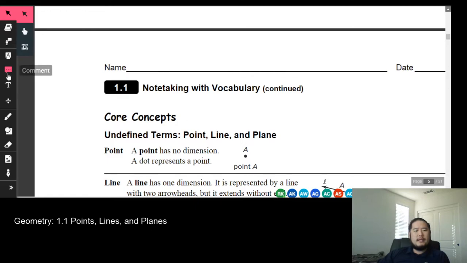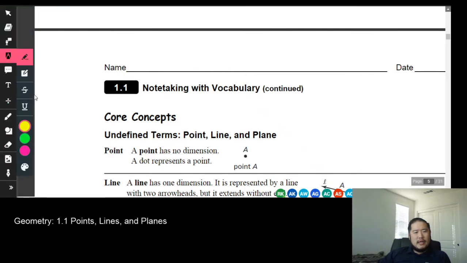The first one is a point. We have our markup, which is like a highlighter, and we need to remember that a point has no dimension. A dot represents a point, and it could be anywhere.